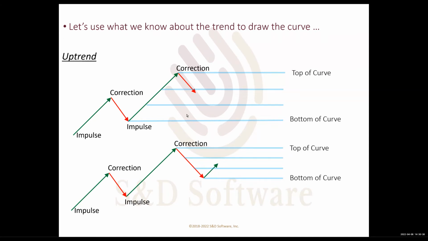And the bottom of the curve is going to be the last point where we transitioned from a correction to an impulse. And so, as you can see right now, our top of the curve and our bottom of the curve are the transition points where we have transitioned from one kind of move into another.